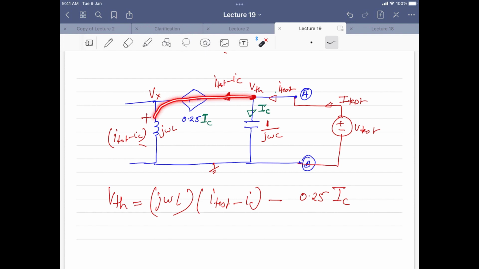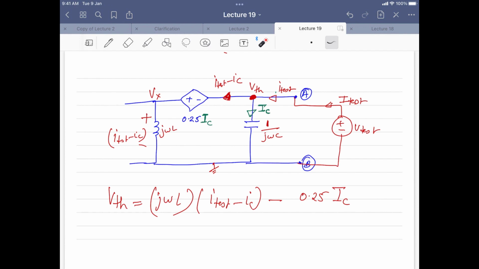If I go by this loop, you can see that there is a rise in potential, so that is basically J omega L times the current flowing in this circuit, which is I test minus IC. Then there is a drop in potential when you are going like this, whose value is 0.25 IC with a minus sign, and the value that you get here is VTH. So this is what it is. Are you okay with this equation or not?